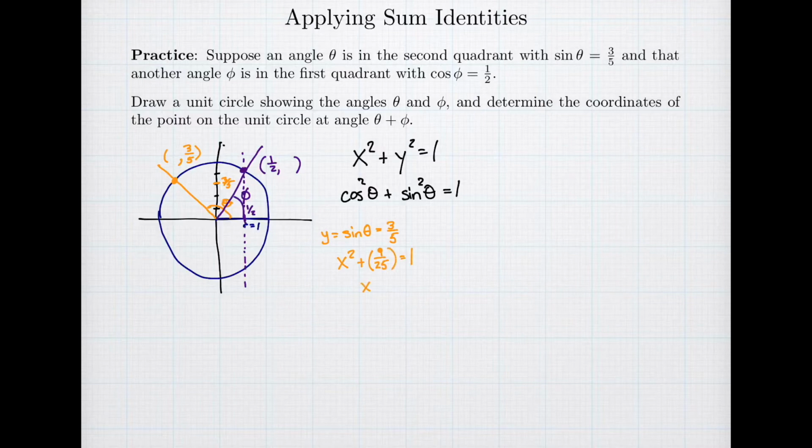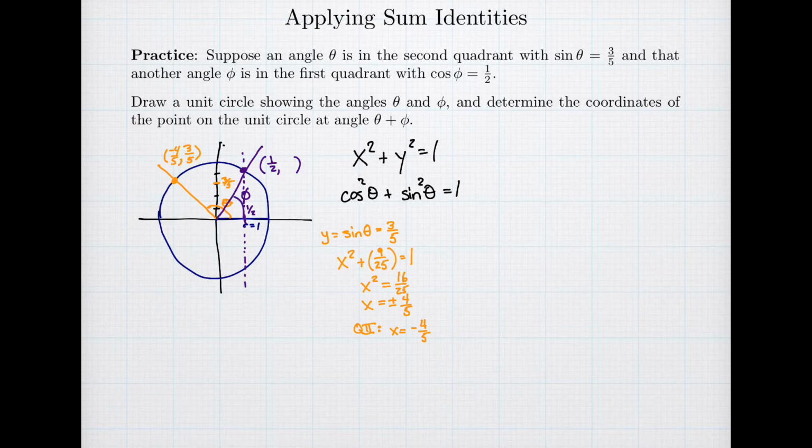And so x squared, when I subtract 1 minus 9/25, I get 16/25, so that x equals plus or minus 4/5. Now remember, we had 2 points on the line where y equals 3/5, and the plus minus captures that idea. We're in quadrant 2. And so that tells me my x value is actually negative 4/5. So let's add that to our information that we know. Negative 4/5 is my x-coordinate.